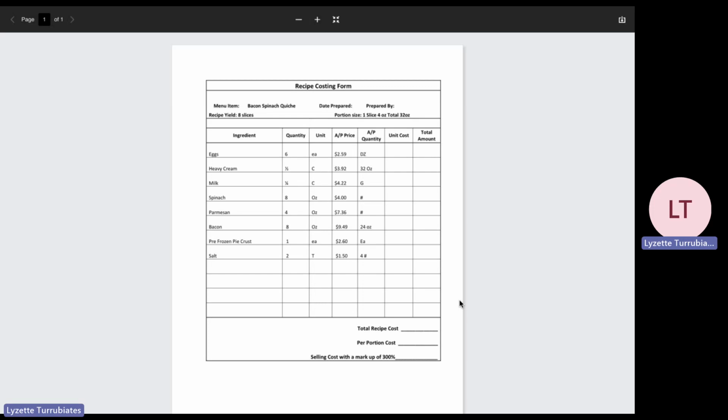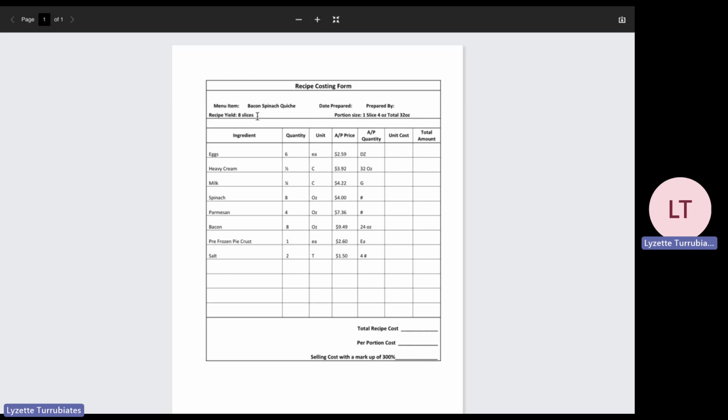We need all those things because they tell us how much we need to sell it at. If we sell it at a price that is below what it actually costs us, then we lose money, right? So we want to make sure our portions are appropriate for the cost of all of our ingredients and the cost of the recipe.